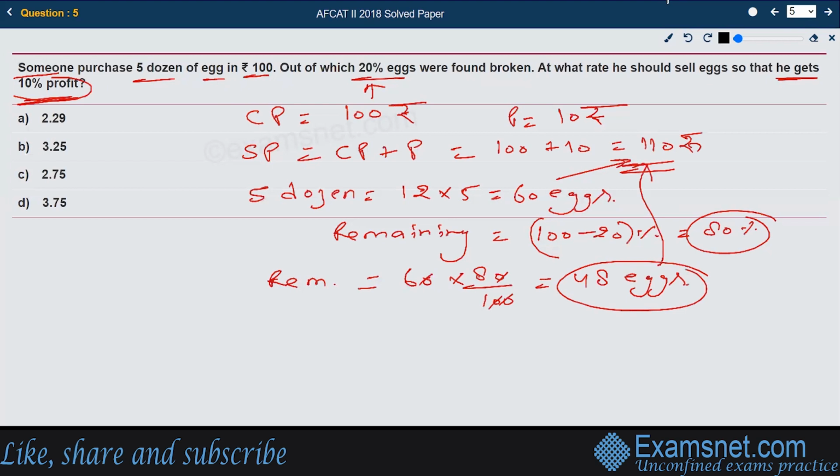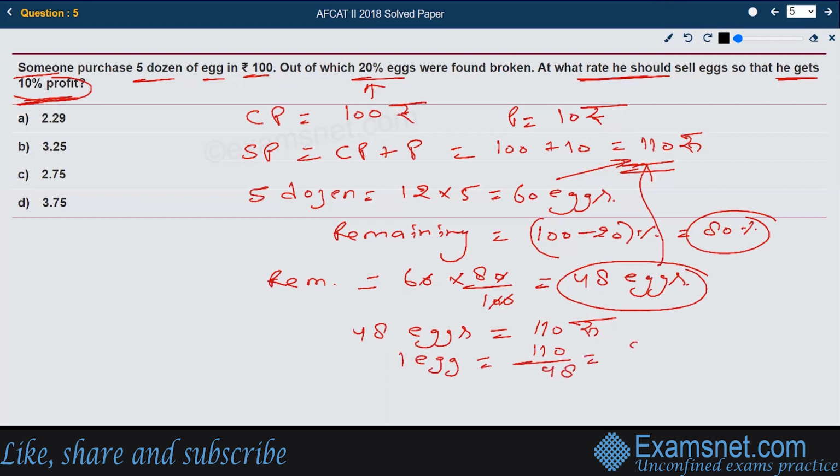What is being asked is at what rate he should sell it. So we'll have to find out the cost of one egg. So 48 eggs are to be sold at 110 rupees, because that is the selling price decided. So one egg will be sold at, let us divide 110 by 48.